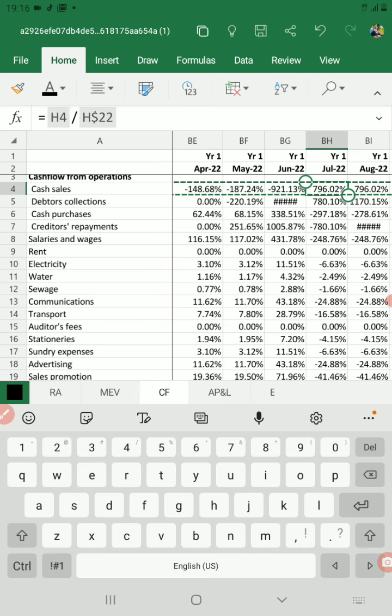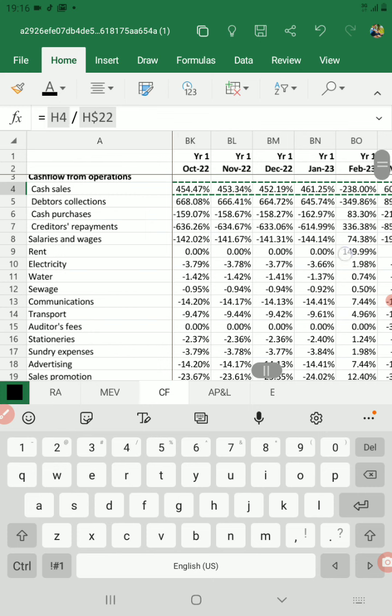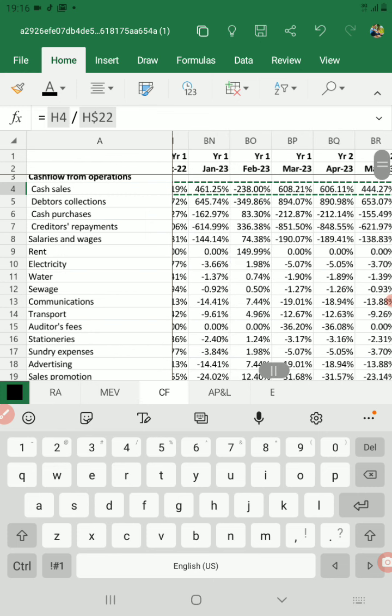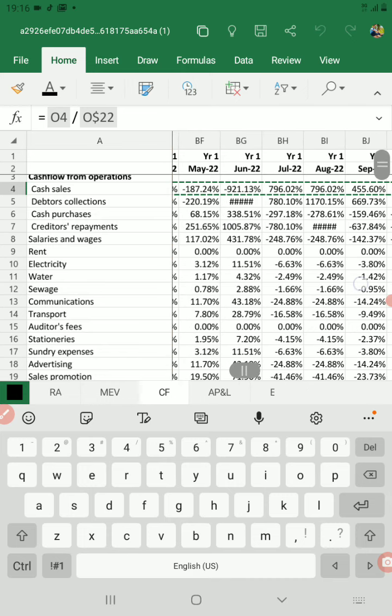But there are other months where total cash flow from operations turns out to be negative. For example, here you see a negative sign, because total cash flow from operations in this month specifically turned out to be negative, okay? So those are the explanations.